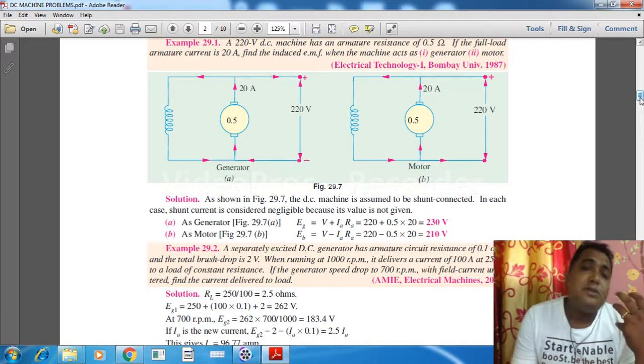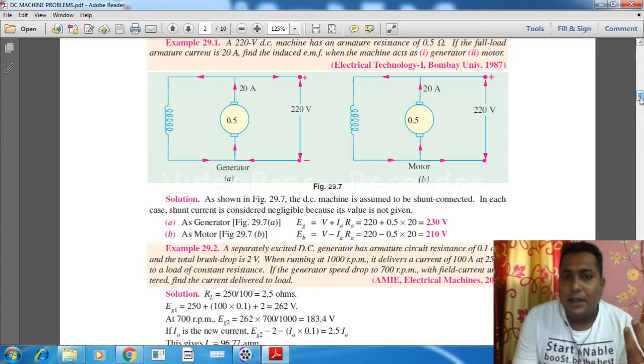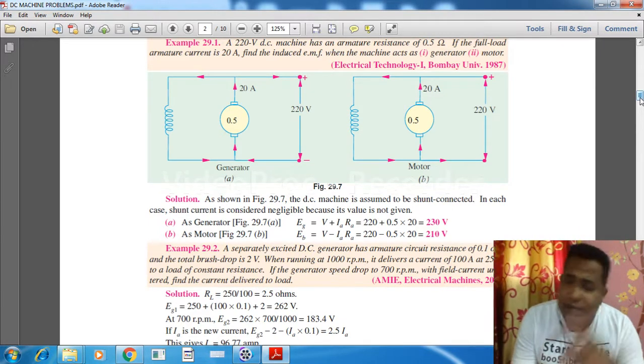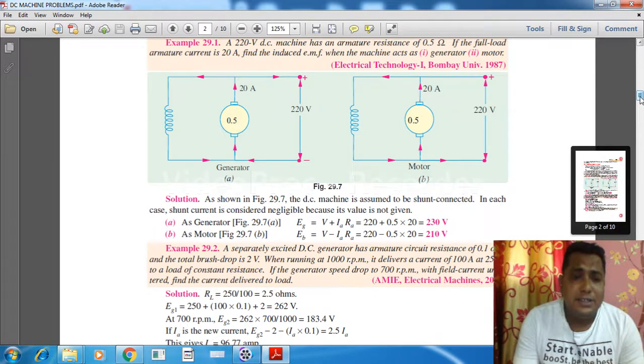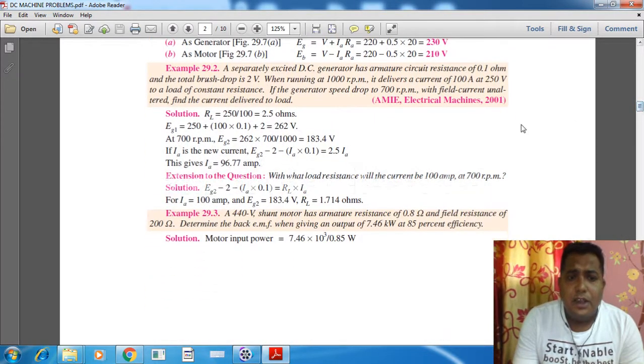If you don't have that concept, that okay, this is a generator, that means at the mechanical part there will be input energy, and in the electrical part there will be output energy, and in case of motor it is the vice versa case. So those things you should have concept about.